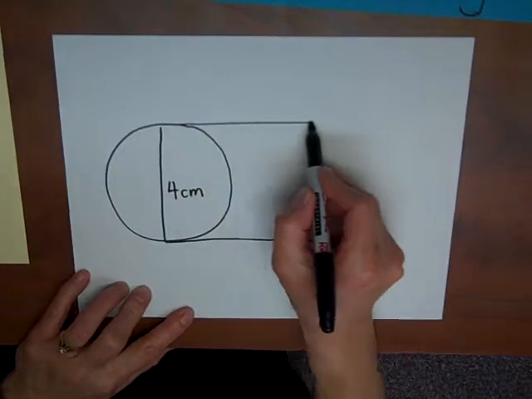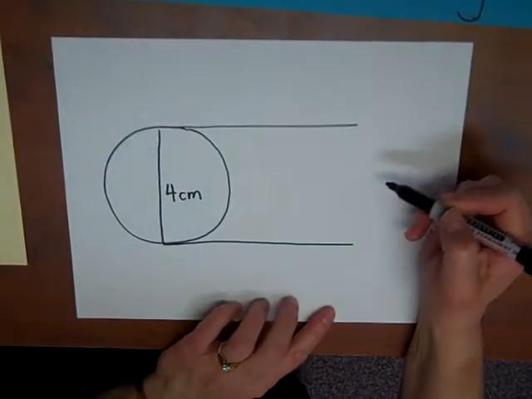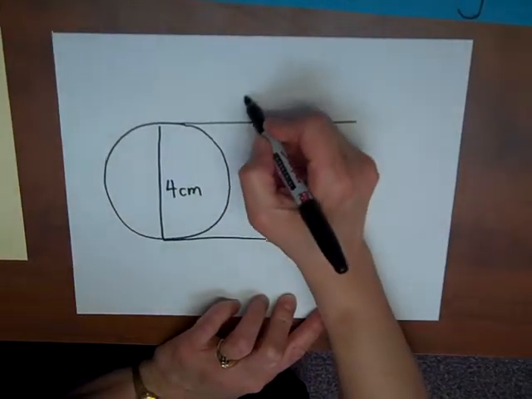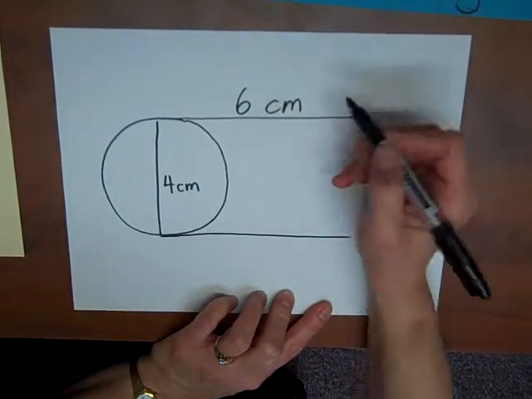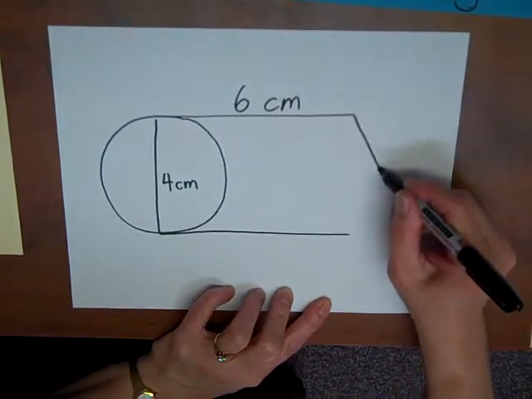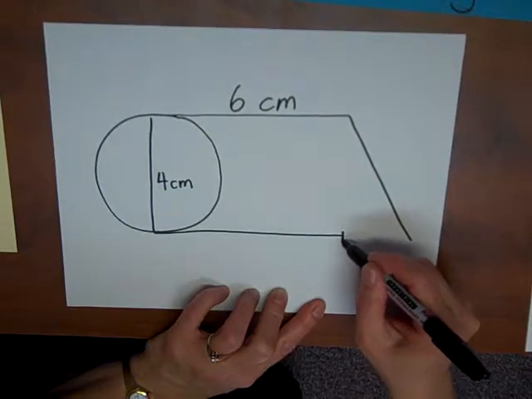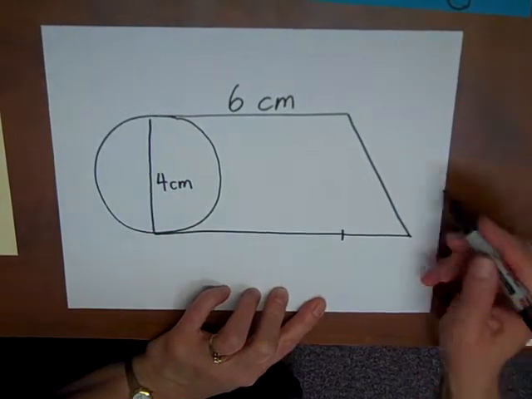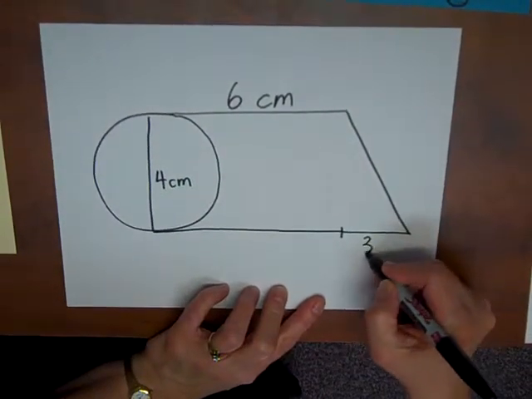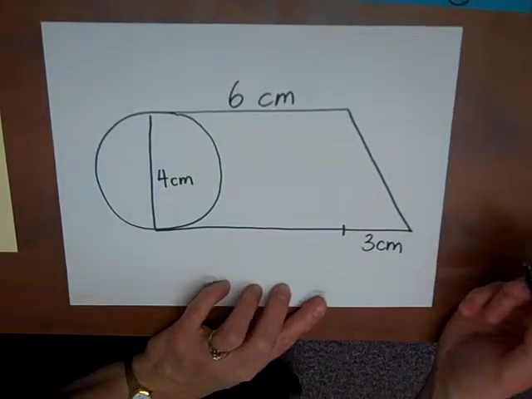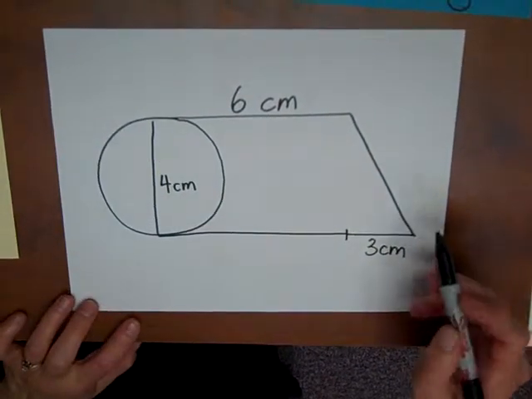Then we're going to put a rectangular area on there, and that line is going to be 6 centimeters. And then I'm going to decide to have a slanted line over here, and this length is 3 centimeters.